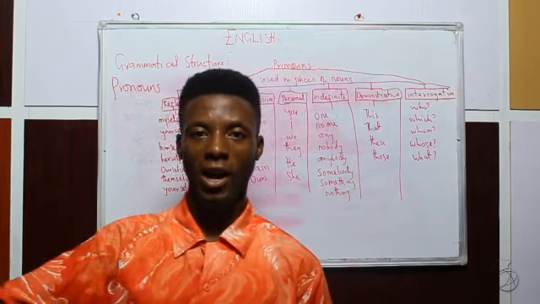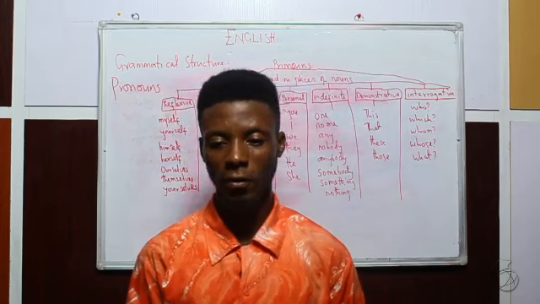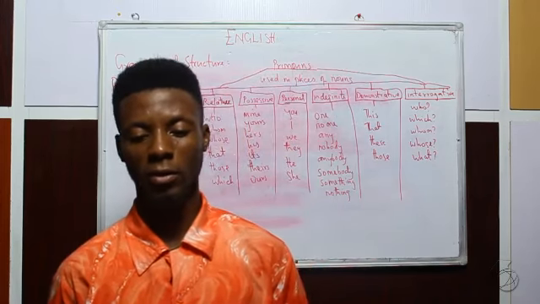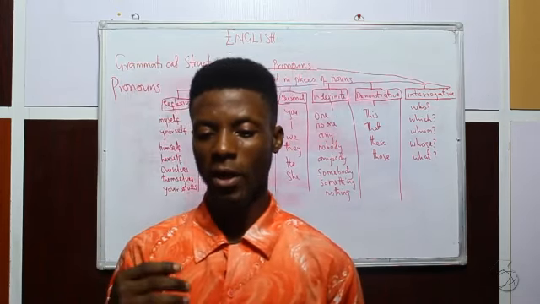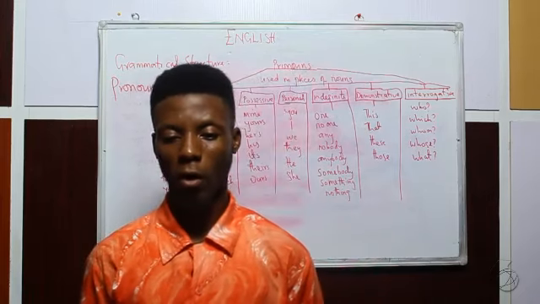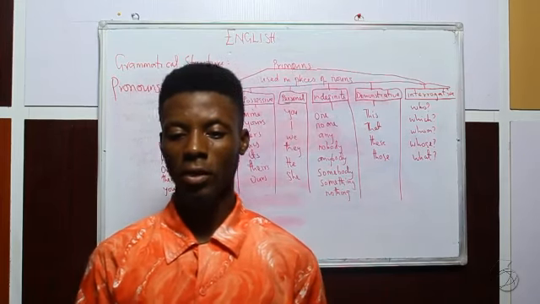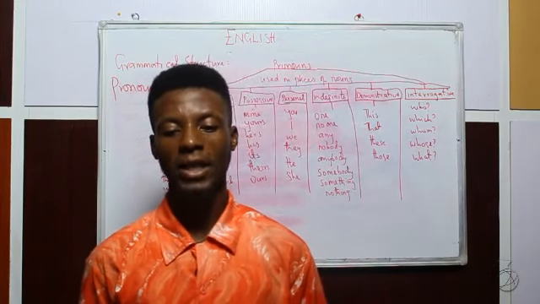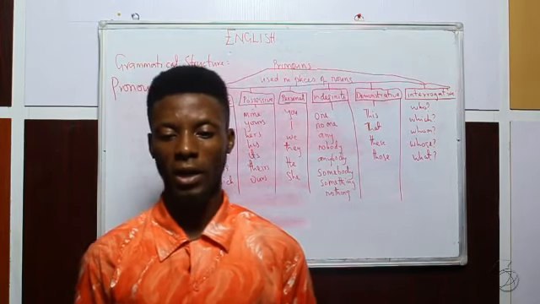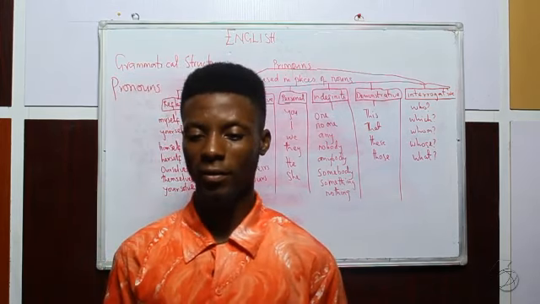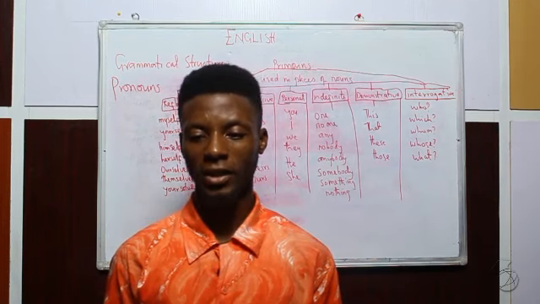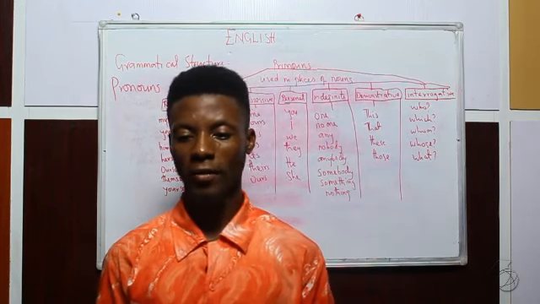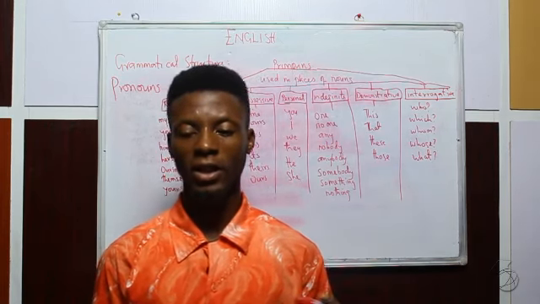The sandal is hers. A reflexive form of the third person singular: we have himself, herself, itself. And under the determiner form, we have his, her, and its.